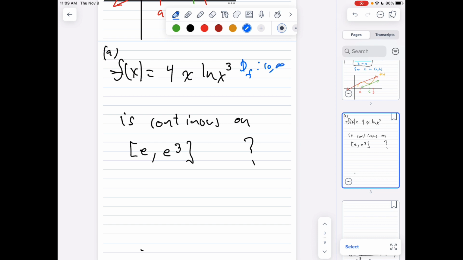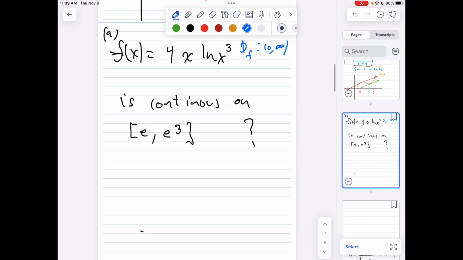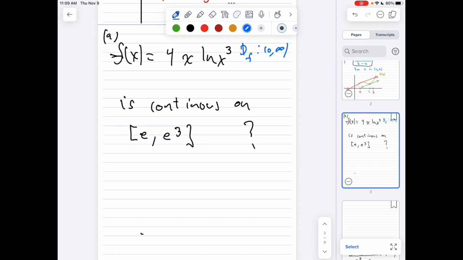It is certainly continuous there, all the conditions of continuity work out at any point, and therefore it would be continuous on the closed interval as well. You usually need only a second or two to check this condition.